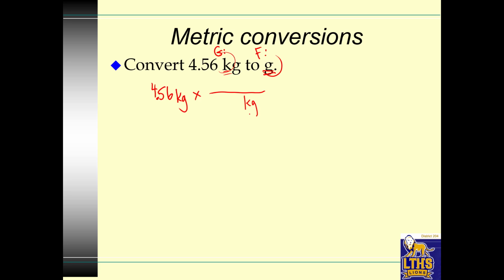I know I'm going to have to get rid of kilograms and change it to grams. Now I have to make this a true statement so that kilograms will cancel out and I'll be left with grams. I know that there's 1,000 grams in every 1 kilogram. Hopefully you know that too. If not, now you do. Then I would take 4.56 times 1,000 to get 4,560 grams in 4.56 kilograms.